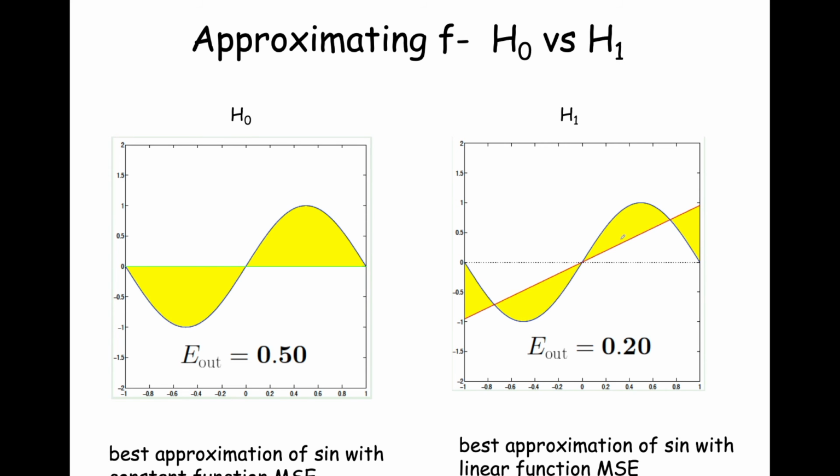So one observation to make is that the hypothesis set H0 is a smaller hypothesis set than H1. We see that the bias for E out, or E out for the constant function, is bigger because it's a smaller hypothesis set. The bias E out for the H1, the line, which is a bigger hypothesis set, is smaller. So that's an important observation.